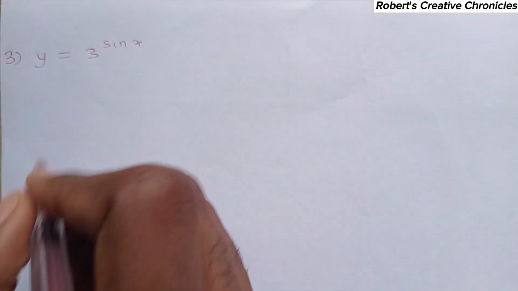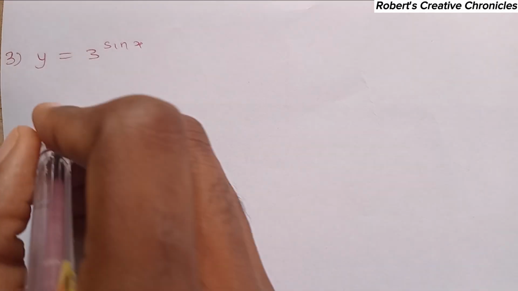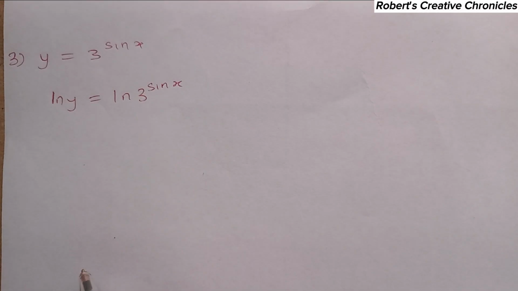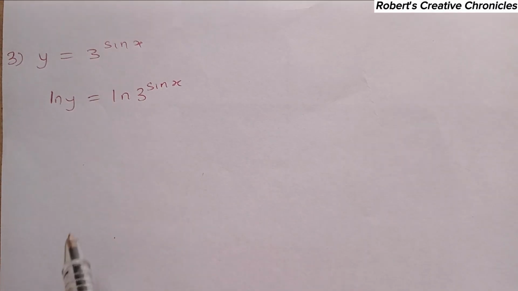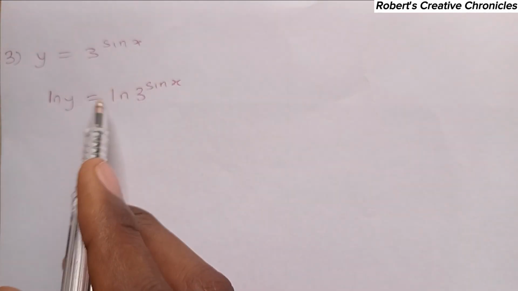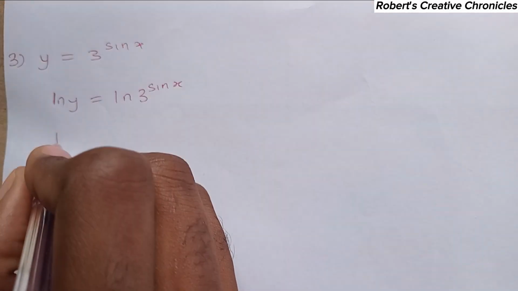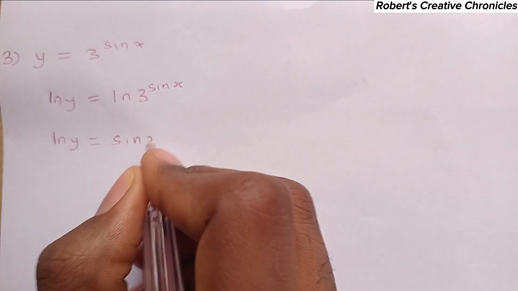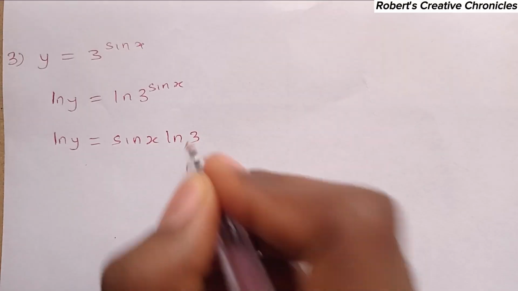So we'll introduce the natural logarithm, ln, so ln y is equals to ln 3 to the sine x. Since it's a logarithm, we can bring the power down. So ln y is equals to sine x ln 3.